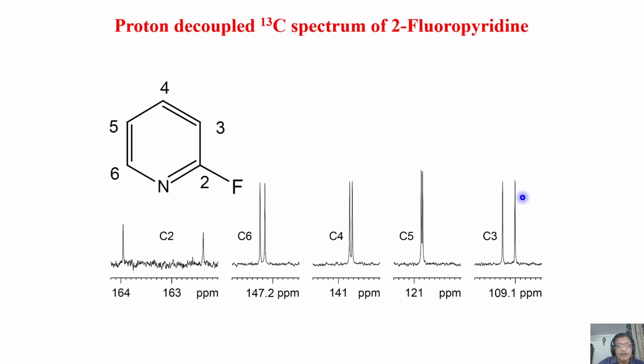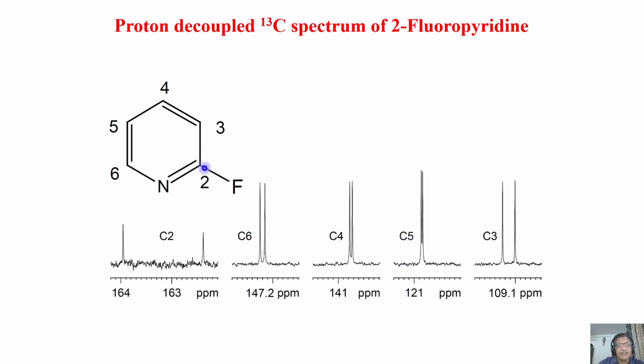What is the next one? This is again a two-three bond coupling. This is C6, C4, with two and three bond couplings. This is, of course, quite larger than this. There could be some ambiguity in identifying whether this is carbon 6 or carbon 4. That's a way to identify later. But now what is carbon 5?